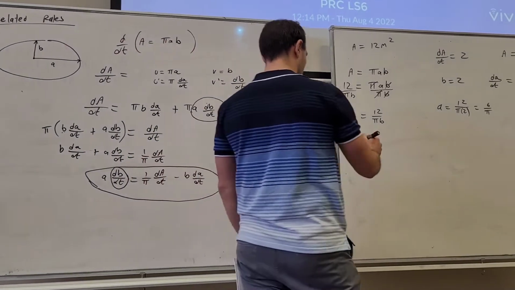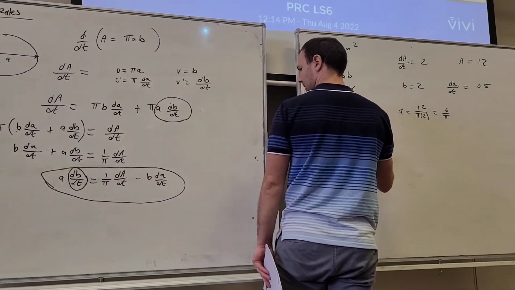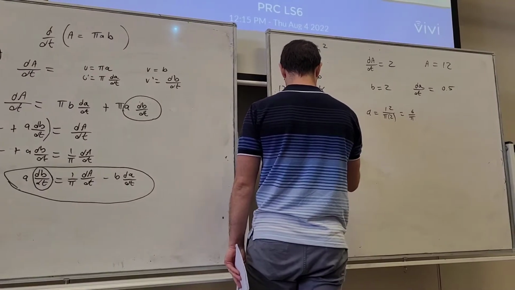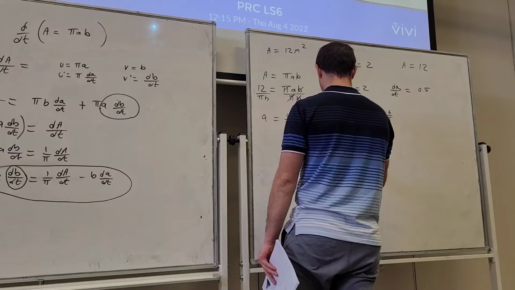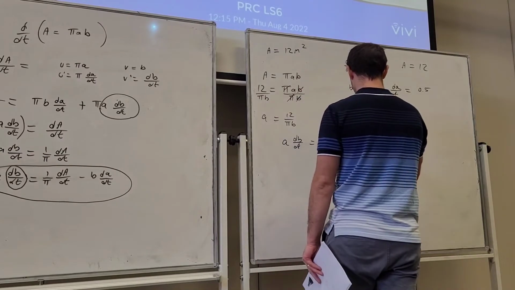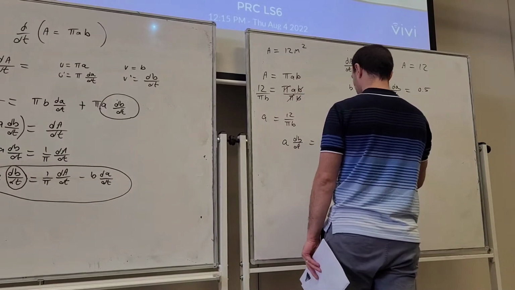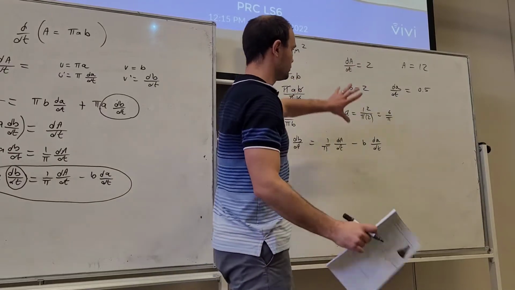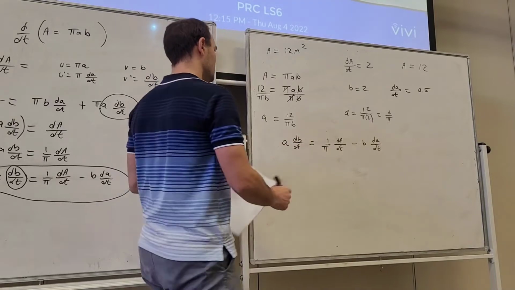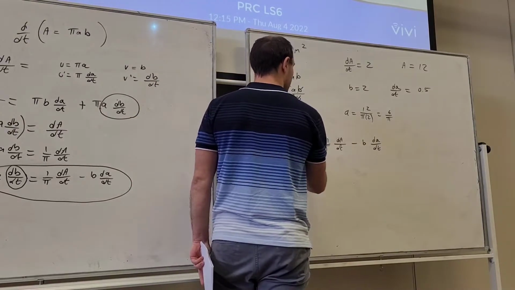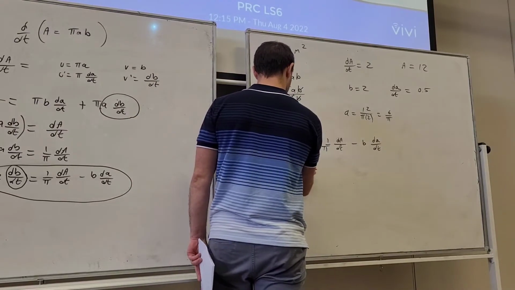So we have, I'll write the equation and then I'll substitute the numbers beneath it. We have A dB on dt equals 1 on pi dA on dt, take away B times dA on dt. So all we're doing now is substituting all of these numbers into this equation. So we've got A times dB on dt, that's what we're trying to find.